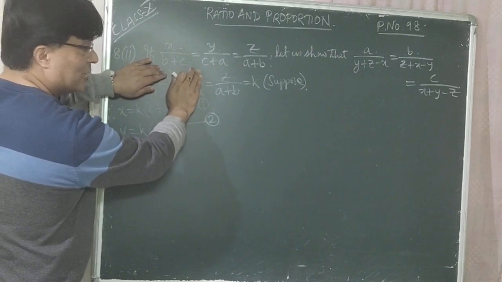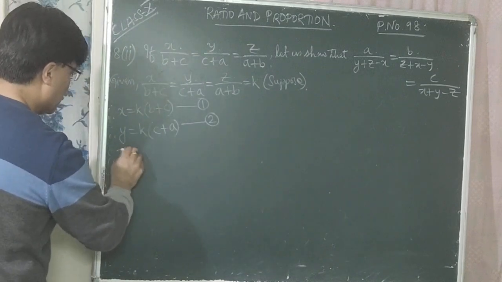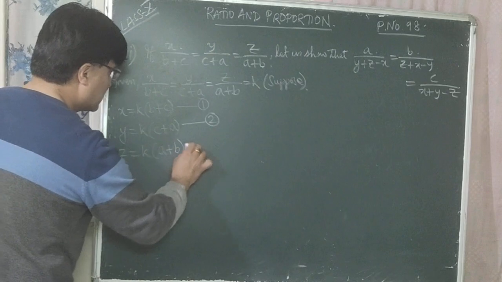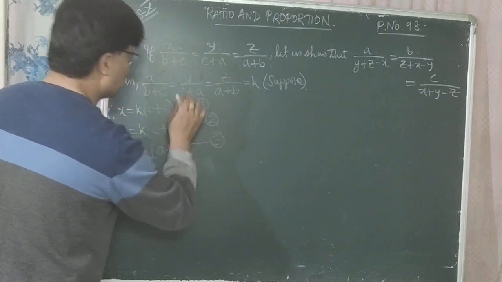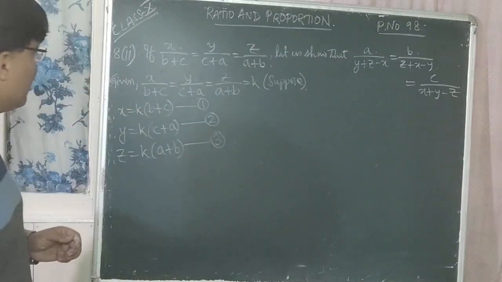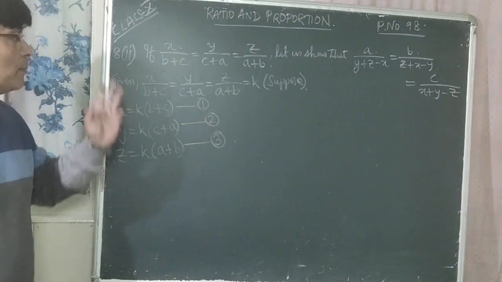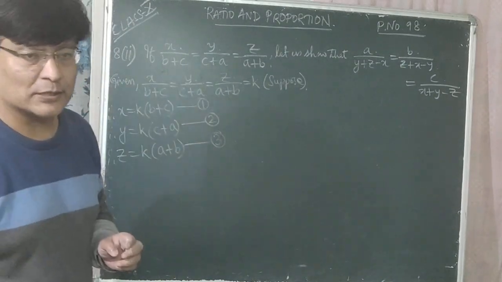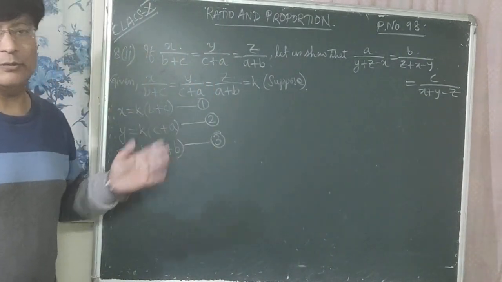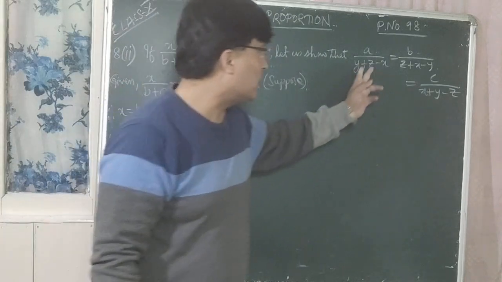Z is equal to k into a plus b. Therefore z is equal to k into, this is your a plus b. Suppose this is number 3. So we have got the values of x, y and z by assuming the given part is equal to k, and we have marked it number 1, number 2 and number 3.